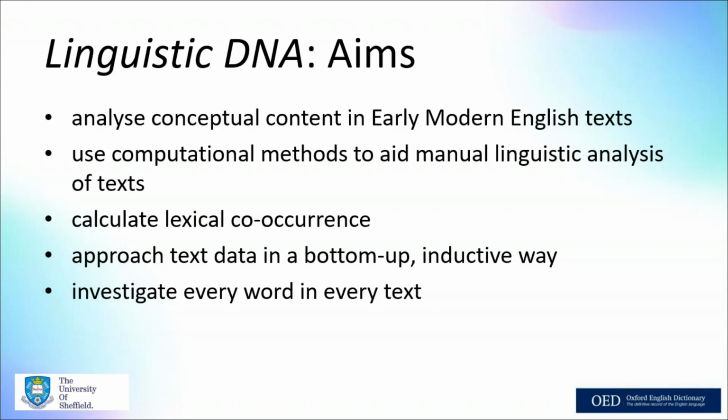And as those ideas developed, we realized that we didn't want to go in as 21st century researchers with our ideas of those words that would be the social and cultural keywords in early modern English. We wanted to see if we could do this in a data-driven way. So that's how we arrived at these aims back in 2015.